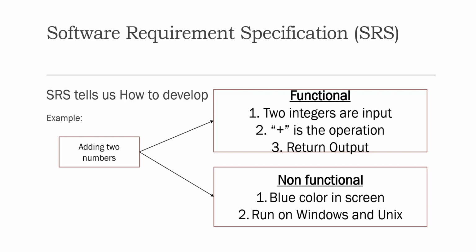It gives the very low level features, or what the implementation by the developer will be. All these things are mentioned in the functional requirement specification, and also what the testers are going to test in this particular project.